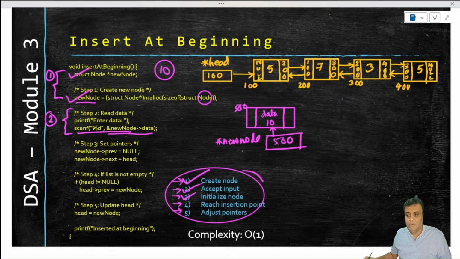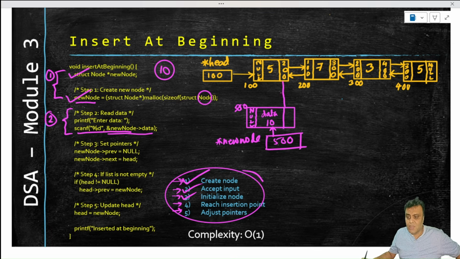Yes, of course, because if we insert at the beginning, what will be the previous pointer? It will always be null, right? So that is why we will say that the previous pointer will always be null. That is what I mean by initialize node. And what will be the next pointer? Always the next pointer will be pointing to the head. So the previous pointer is null and the next pointer is pointing to where head is pointing.